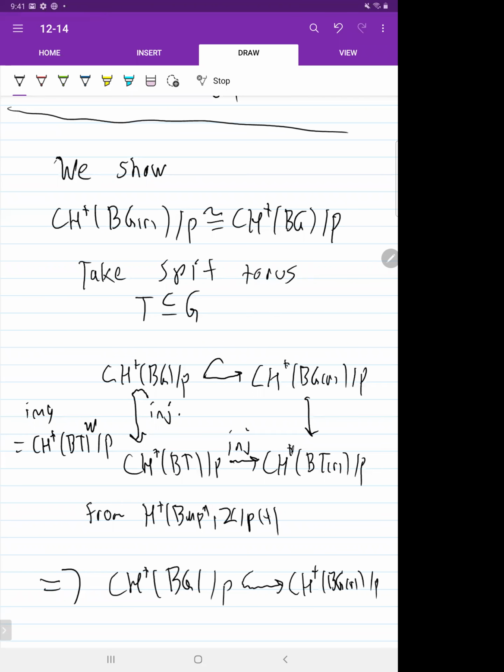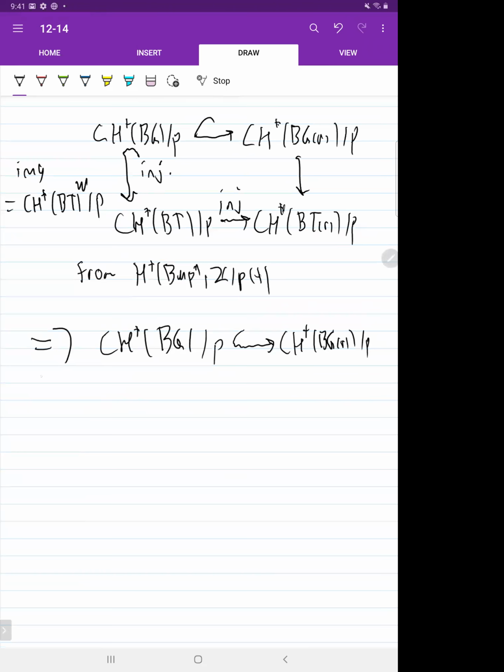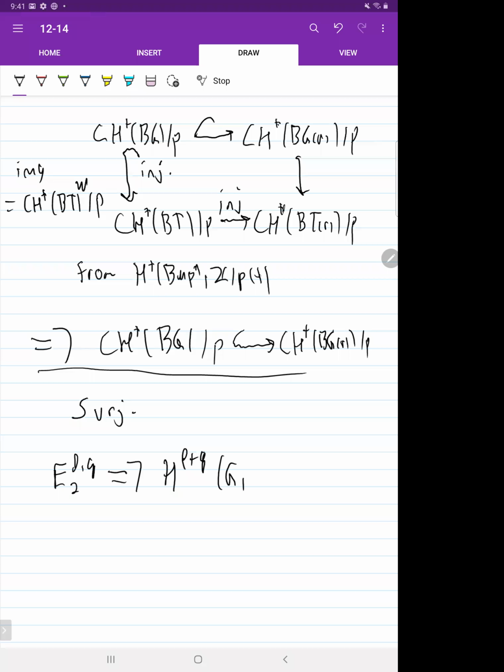What about surjectivity? We use the Eilenberg-Moore spectral sequence. So we have E2 as I wrote above, and it converges to the motivic cohomology of G, Z mod P. And here we use that P is a non-torsion prime.